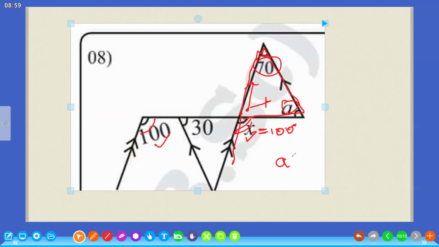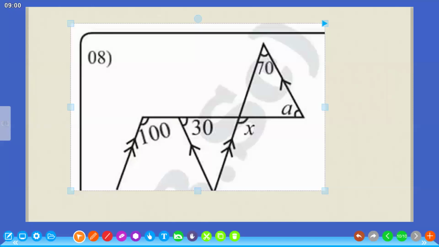So A plus 70 equals 100. A equals 30. It is okay? Right. That one is okay.